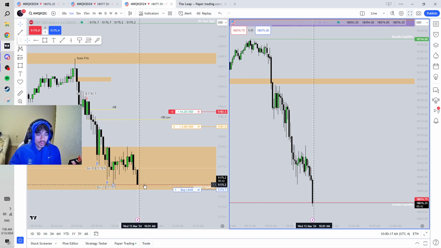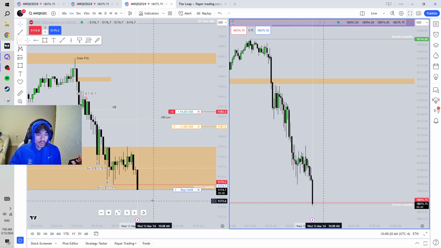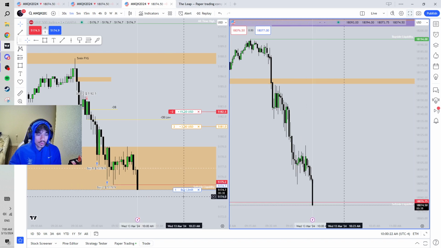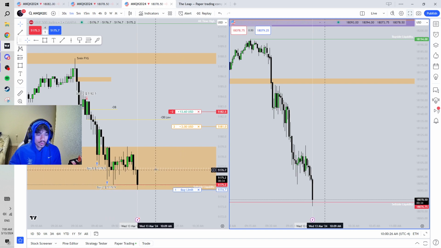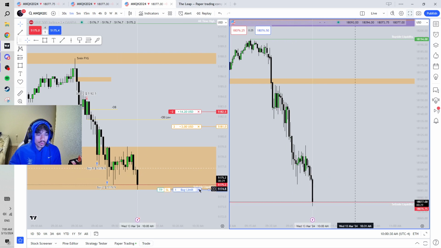We have relative equal lows in ES. You want to see it bleed right down into their final take profit right there. Okay. Kind of did want to see it shoot past, but you know what?